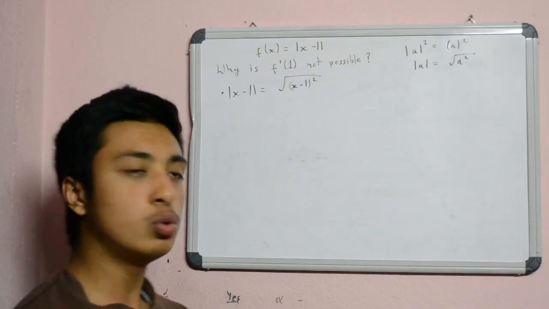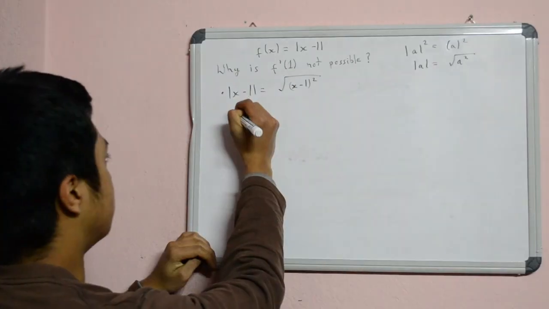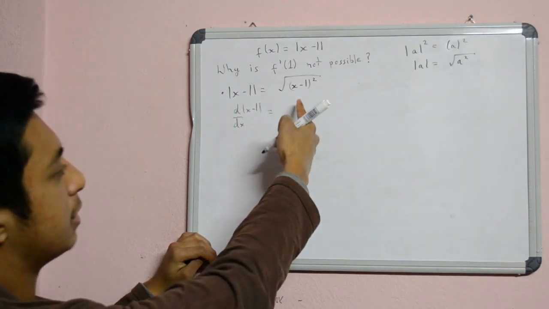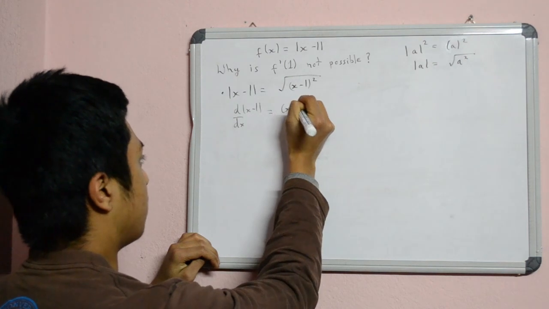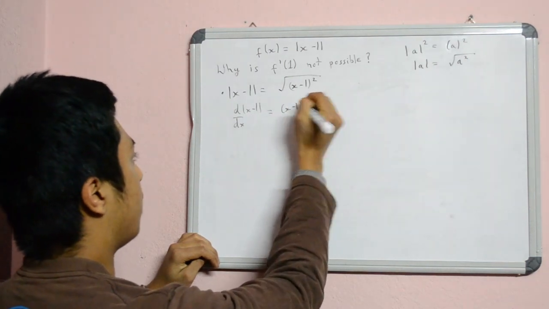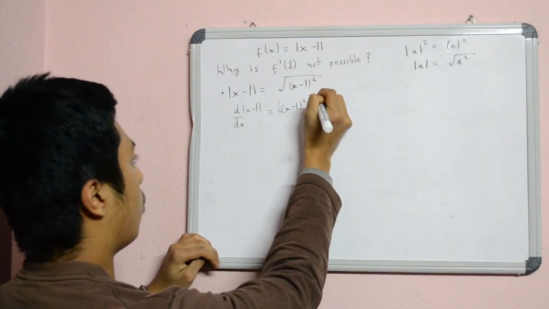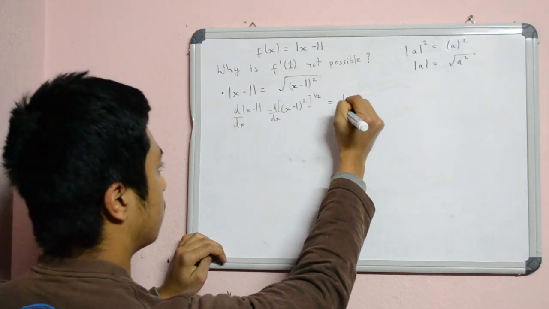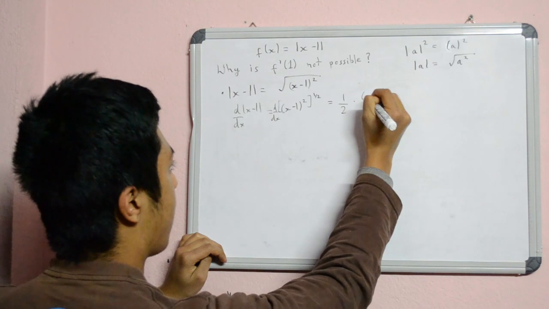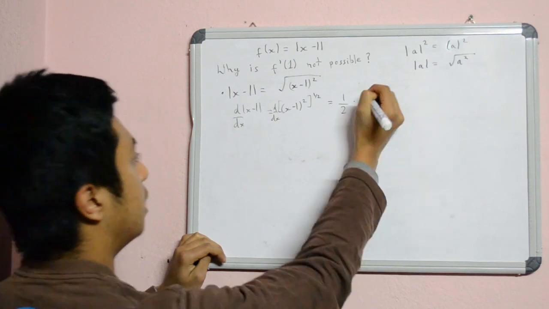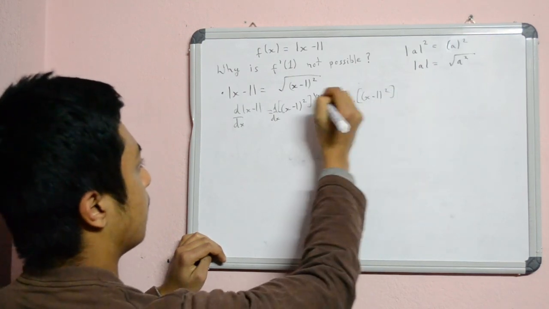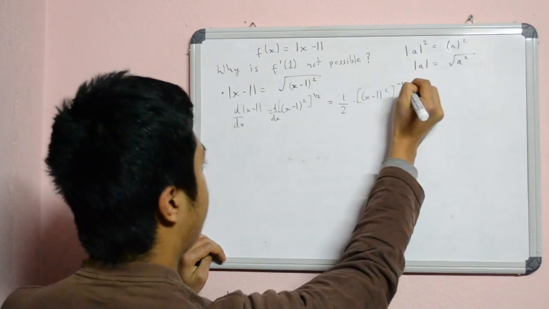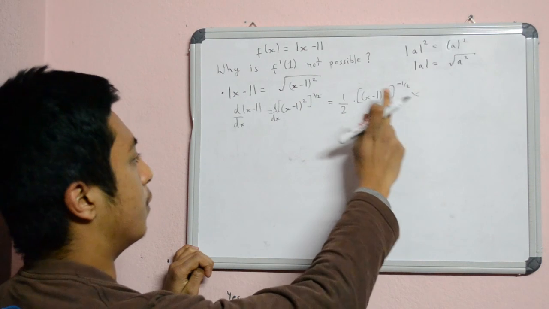What we can now do is differentiate this. So, d/dx of modulus of x minus 1 will be equal to, here, this is (x minus 1) squared to the power 1/2, and we differentiate that: this goes down, becomes 1/2 into (x minus 1) squared to the power minus 1/2, subtracting 1 from the power, into the derivative of the inside.